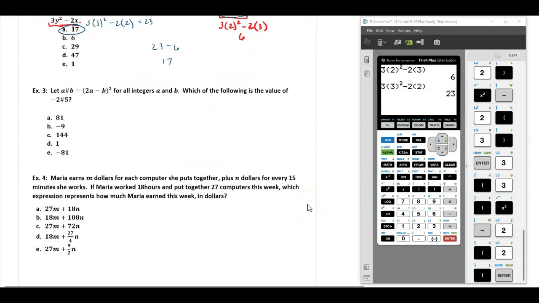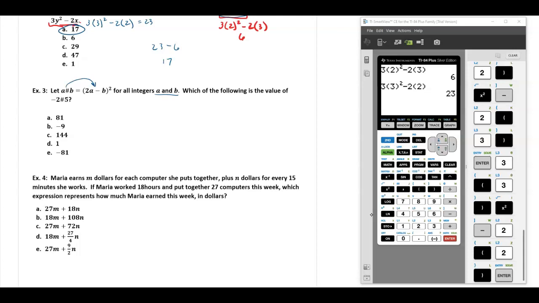So number 3, let a pound b equal this for all integers a and b. Which of the following is the value of negative 2 pound 5? Well, if I look at this up here, a pound b resulted in this here.